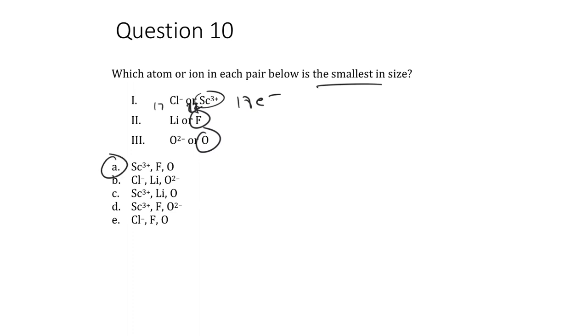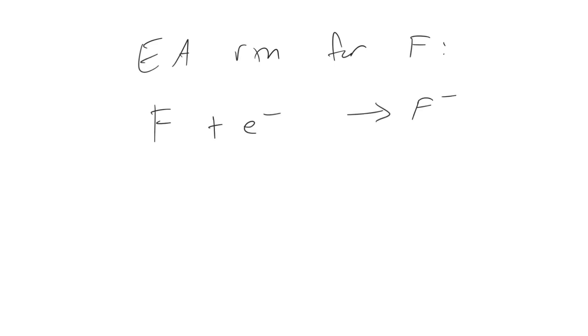And then the one thing I wanted to mention was just writing reactions. So if you're asked to write an electron affinity reaction, say for fluorine, that would be fluorine plus an electron going to F minus. You just have the neutral atom plus an electron going to F minus. Sometimes we call this the first electron affinity.